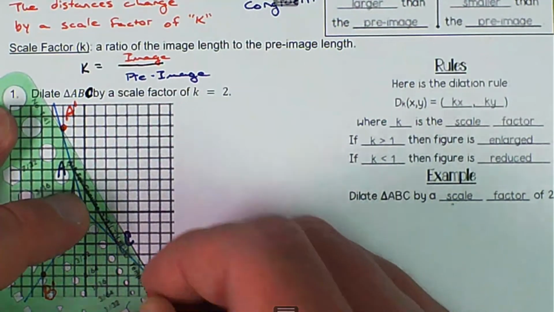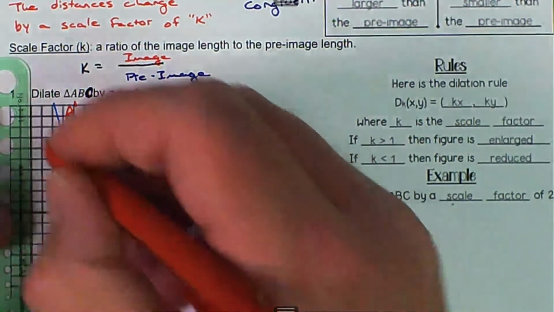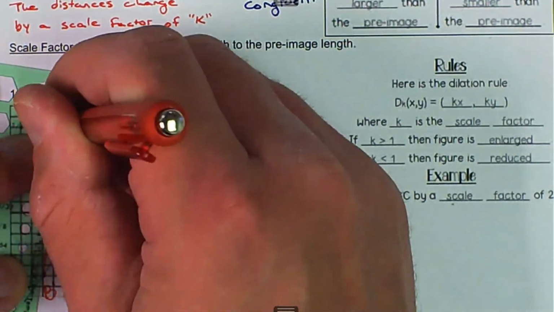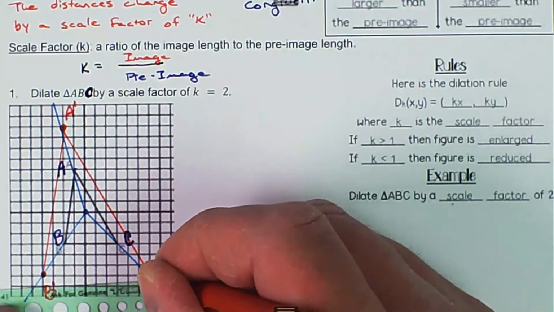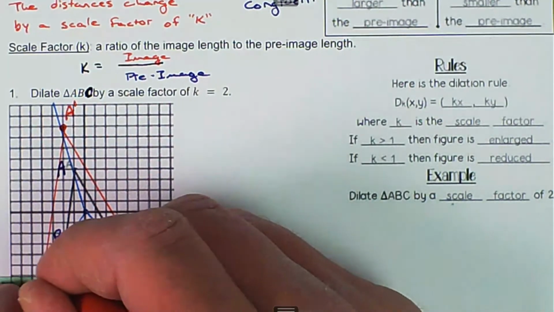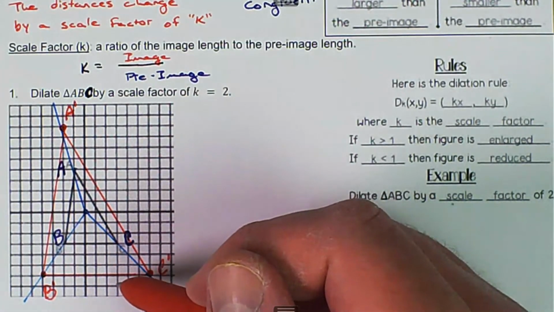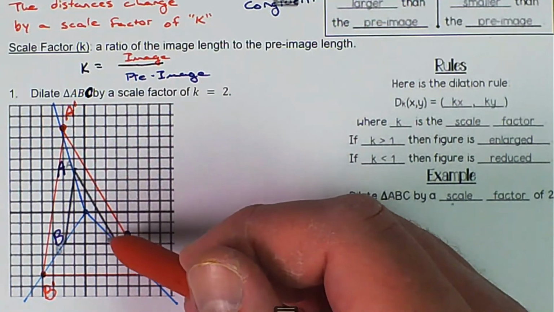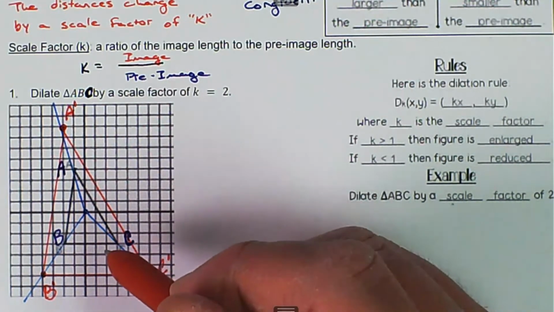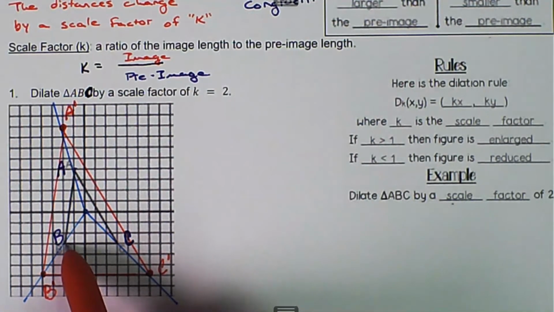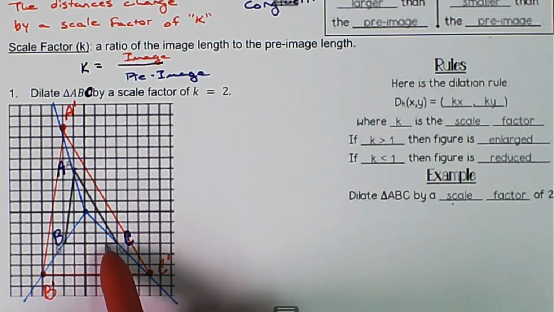So that's the way you can do it if you want to draw it out, draw some extra lines, and count. That's one way that we can do it right there. Now this is an enlargement, and we can see that the red image is actually twice as large as the blue pre-image. And we can check that just to make sure. We can do that for this one because BC right here is a straight line, so we can just count 1, 2, 3, 4, 5.